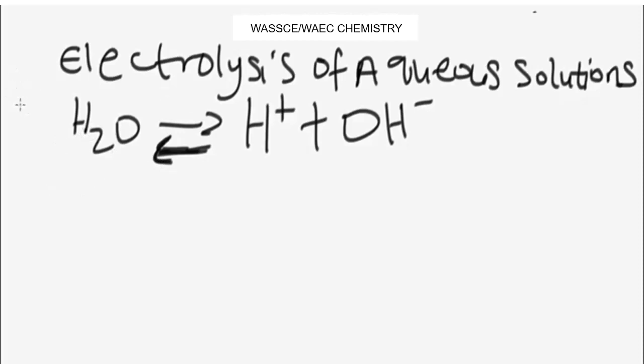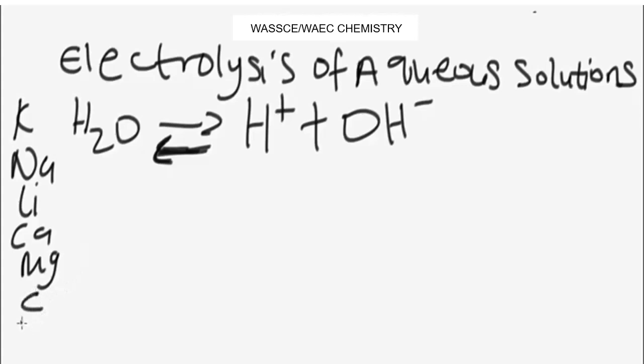Now let's list the reactivity series of metals again: potassium, sodium, lithium, calcium, magnesium, carbon, zinc, iron, hydrogen, and copper. So in this reactivity series, at the cathode, hydrogen gas will be produced if the metal ions form an elemental metal that is more reactive than hydrogen.